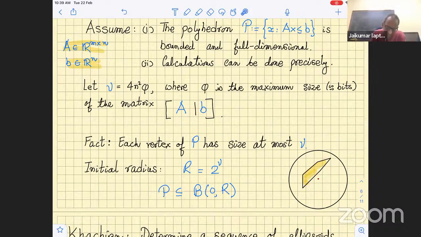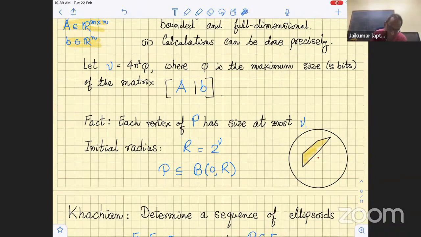So it's approximately how many bits you need. And this is the maximum size of any row of this matrix or something like that. And I'm just going to set this number nu to be 4n squared times phi, where we are in some n-dimensional space. Is this clear?